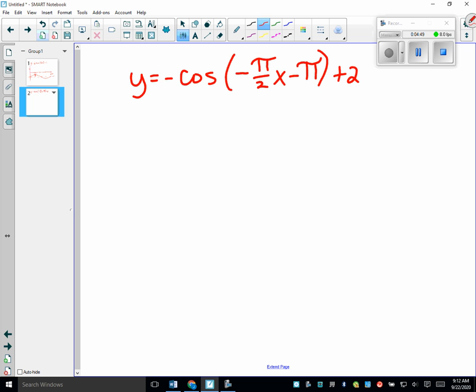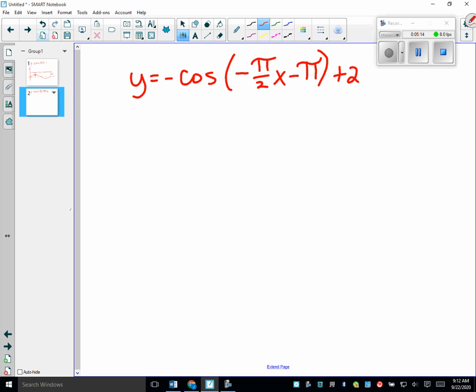We agree? Does the negative mean anything in front of the... No. It will affect the graph, but your calculator will fix that for you. So you don't have to worry about that. Okay, what is the phase shift? Pi? What?